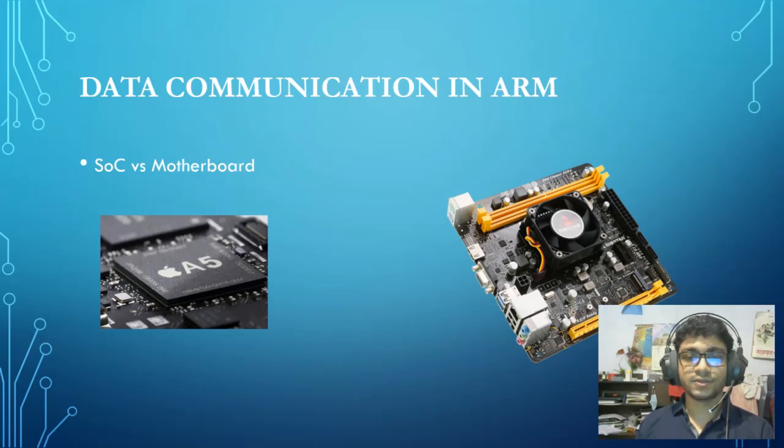RISC processors will have 3 instructions: fetch the 5, fetch the 7 and add them, and it will do all the tasks in different cycles. On the other hand, CISC processors will have only one instruction, that is 5 plus 7. CISC processors will classify the instruction into 3 different sets, then fetch 5 and 7, add them, and then deliver it to the pipeline.